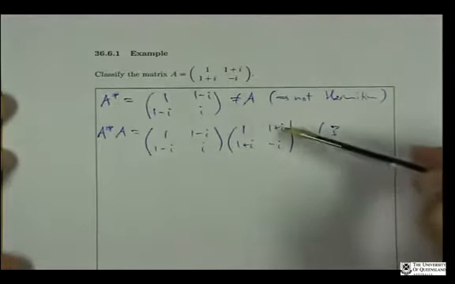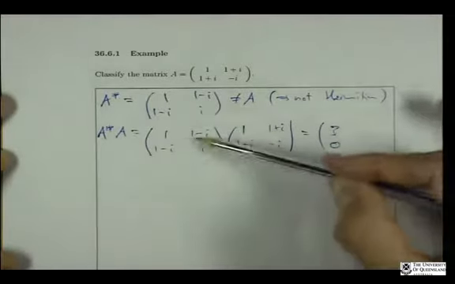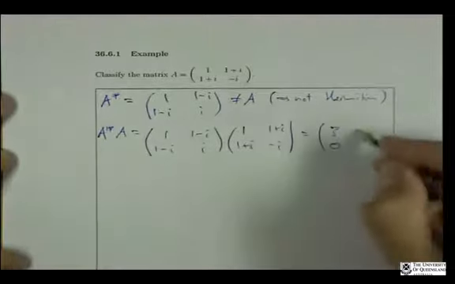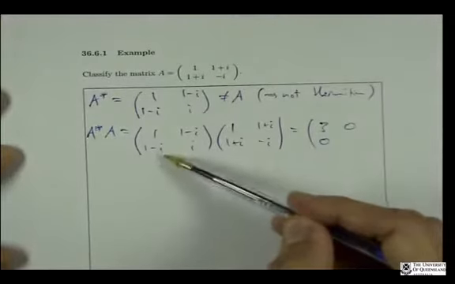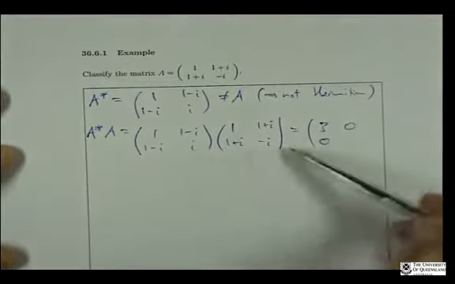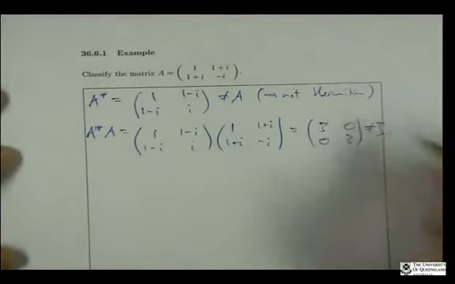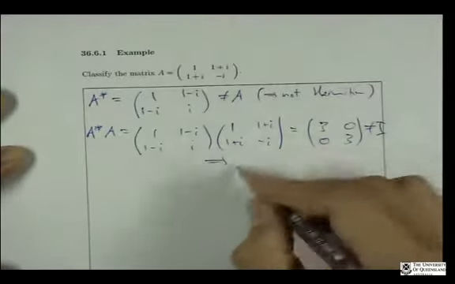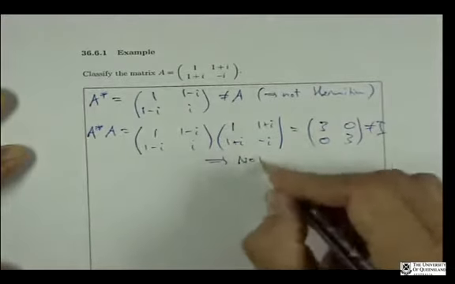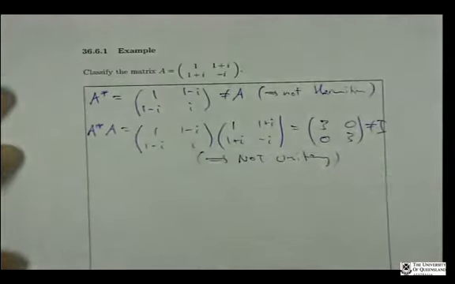In the second column, we'll have 1 times 1 plus i minus i times 1 minus i, so that's also going to be 0. And then here we'll have the difference of the two squares, 1 and i squared, which is 2, plus 1, so we'll have 3 here. So that's not quite equal to the identity, which implies this matrix is also not unitary, just as an aside.